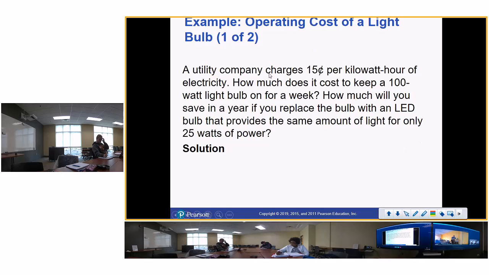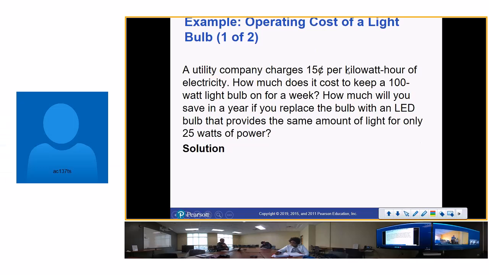A utility company charges 15 cents per kilowatt hour of electricity. Boom. We're not going to put it over 1. What are we going to do? We're going to put 15 cents per what? Per 1 kilowatt hour.